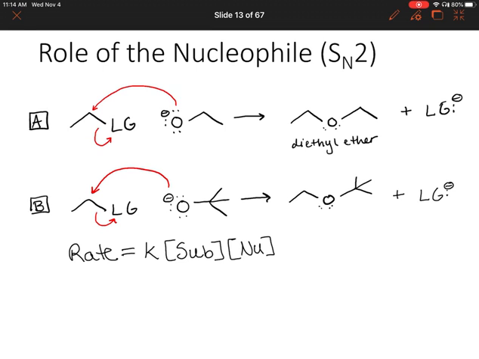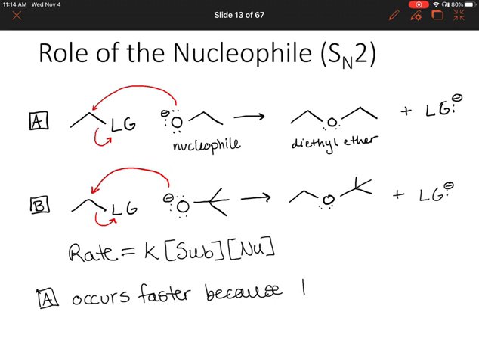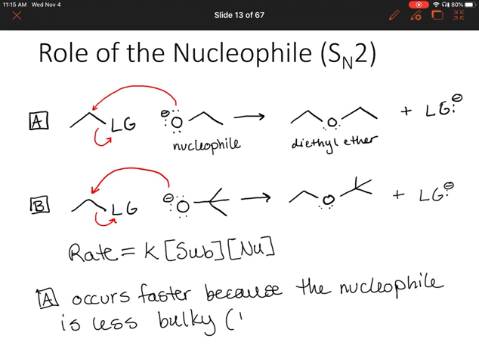So in the first reaction, our nucleophile is less bulky. So reaction A occurs faster because the nucleophile is less bulky. Or you could also say there's less steric hindrance.